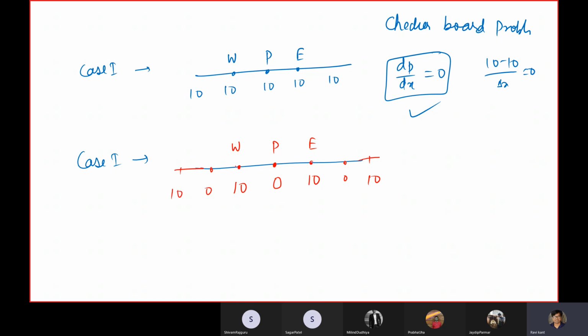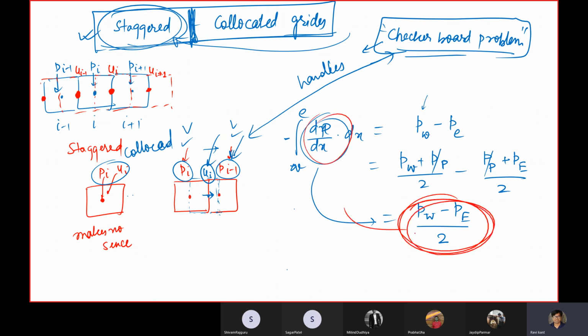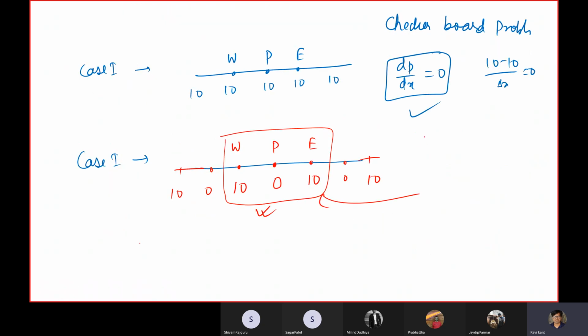But you know that there is a pressure gradient, but when you do the finite volume discretization, you come up with (PW minus PE) by 2. So 10 minus 10 by 2 comes out to be 0. So here also you get dP/dx equal to 0.